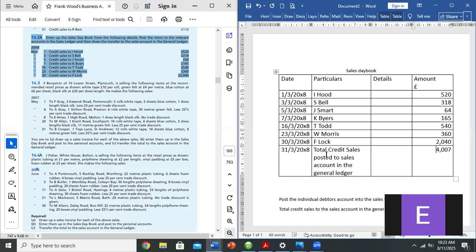Please, any questions? Any questions before we end this first session? Okay, so in the next session, we are going to solve the second question, which has the discount, so that you look at how the discount also plays out when you are preparing your daybook.